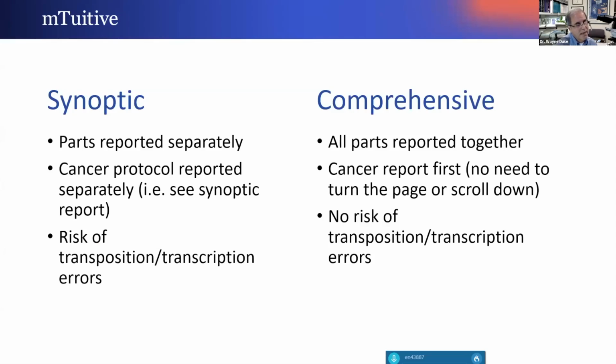In our reports, the cancer diagnosis and the data is right up front at the beginning. Also, there's a risk of transposition or transcription errors between the separate parts reported and the synoptic report. Since we create a comprehensive report, there's no danger of this transposition transcription.